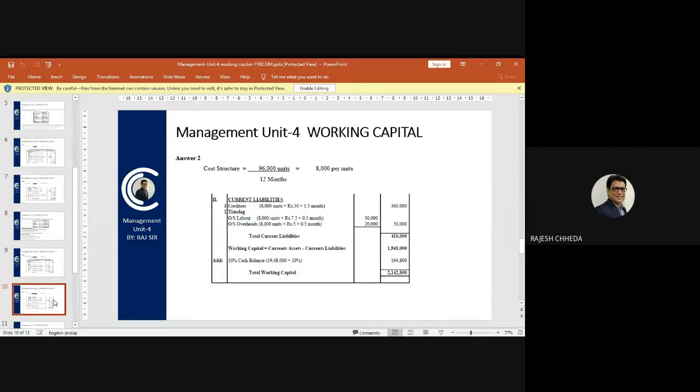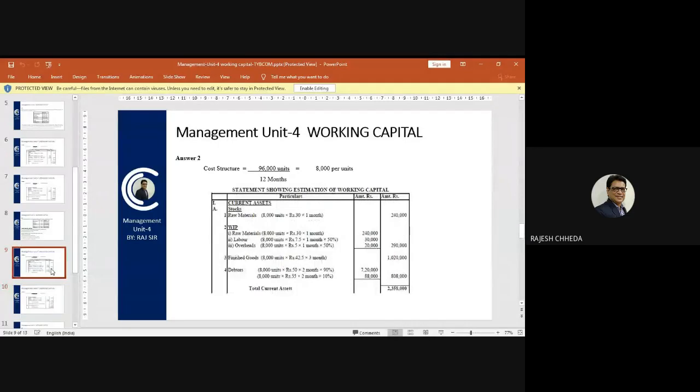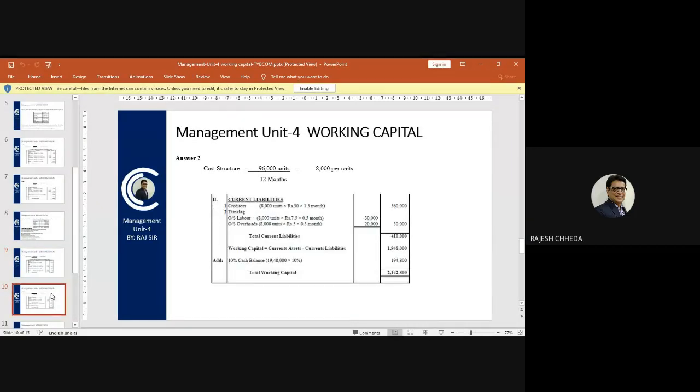So how much is the total of current liabilities? 4,10,000. First, you have done the total of current assets, which was 23,58,000. Now you have done the total of current liabilities, 4,10,000.